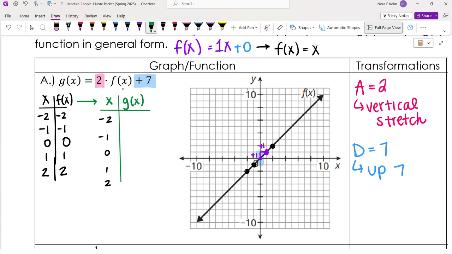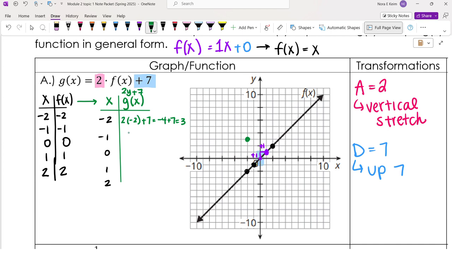We are going to multiply by 2, and then we're going to add 7. So if I take 2 times negative 2 plus 7, I get negative 4 plus 7, which is 3. So I now have a new point at negative 2, 3.